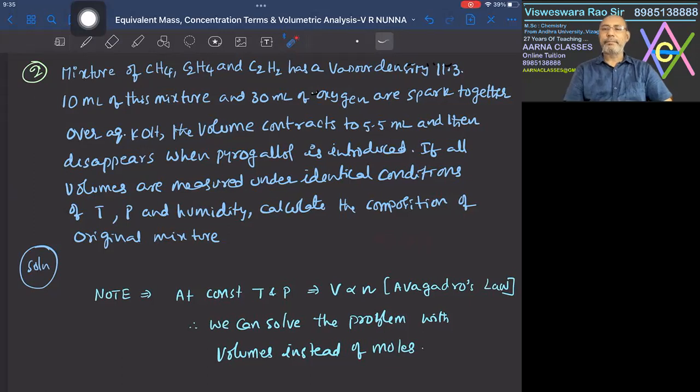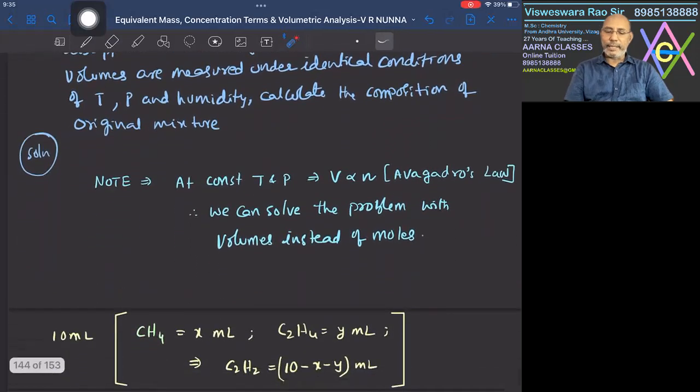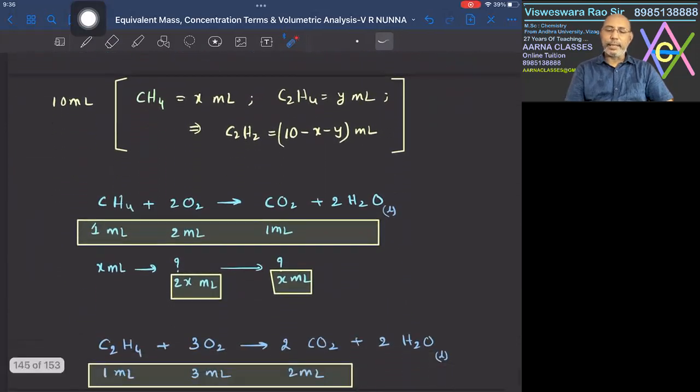Both are the same. Calculate the composition of the original mixture. So I have to analyze this one. At constant temperature and pressure, by Avogadro's law, we can solve the problems like this. Now come here, I took 10 ml of gaseous mixture, it contains methane, I will consider X ml, and I have to find what is X.